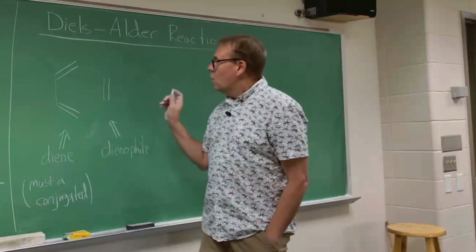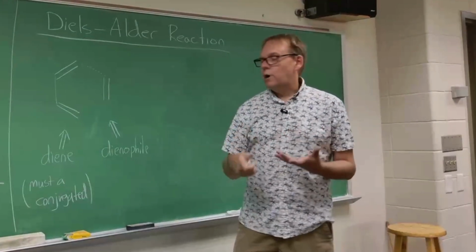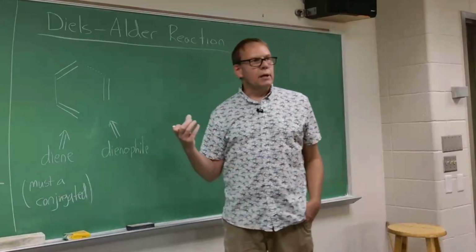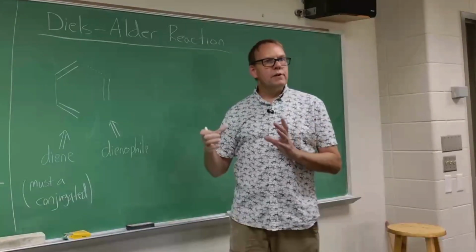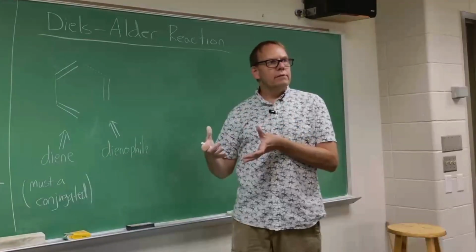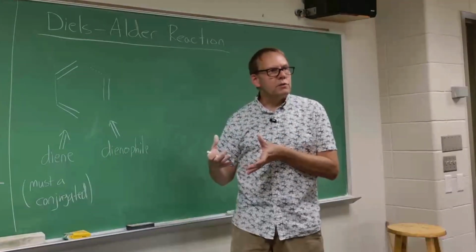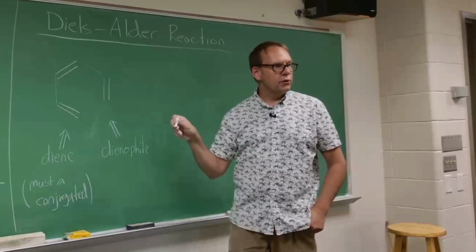And then what happens is the electrons move in a way that forms those bonds. So the way we represent it, there's a way you can predict how this is going to happen, and it involves moving 3 pairs of electrons in a row. In reality, all the electrons move at once, but we're going to take our arrows and push them 1 pair at a time around in a circle.